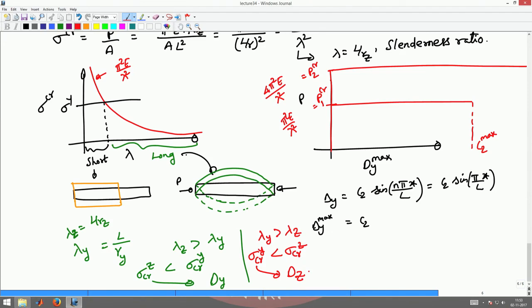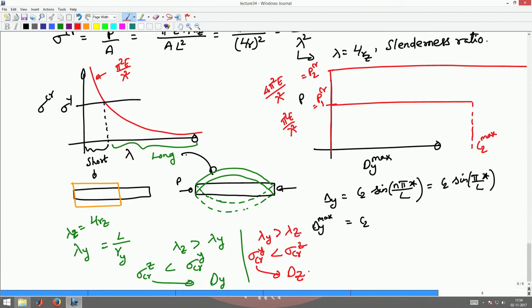It is an assumption, but it is found experimentally that it is a good enough assumption for these problems. So, the direction of bending and the axis about which it will bend depend upon which slenderness ratio is more. If the lambda z slenderness ratio is more, it will deflect along the y direction; if the lambda y slenderness ratio is more, it will deflect along the z direction.